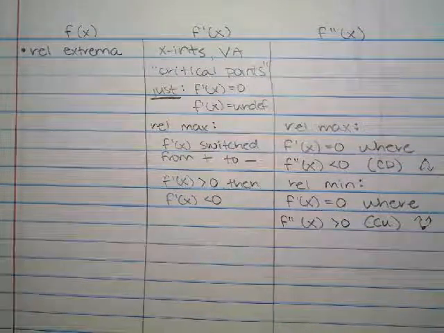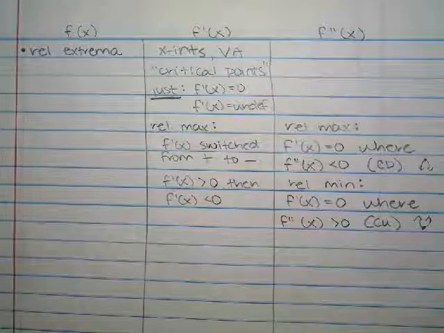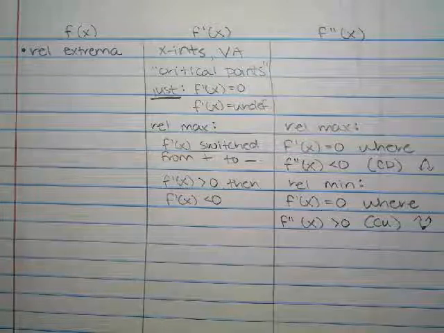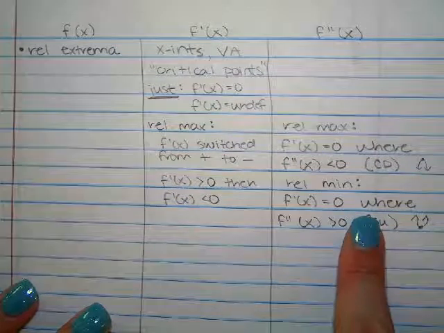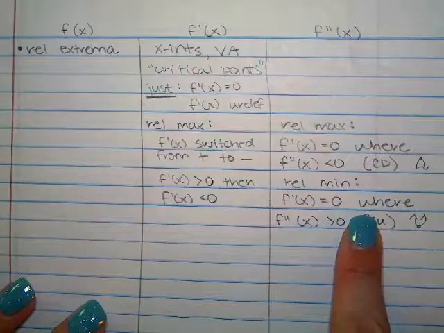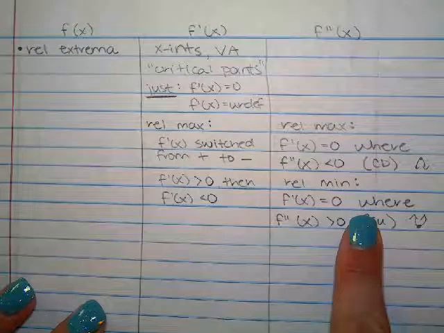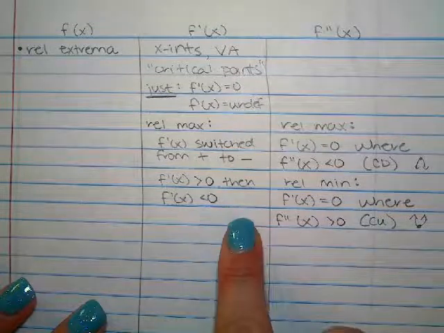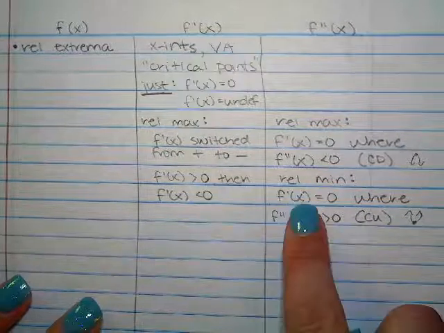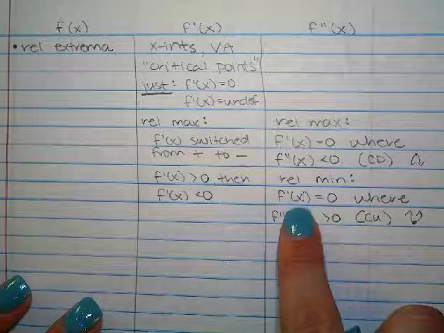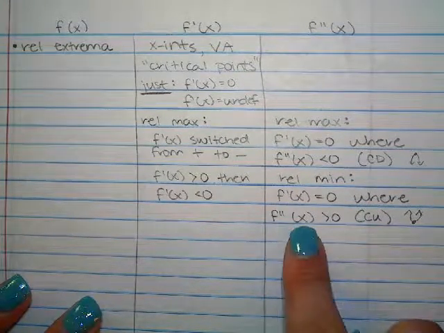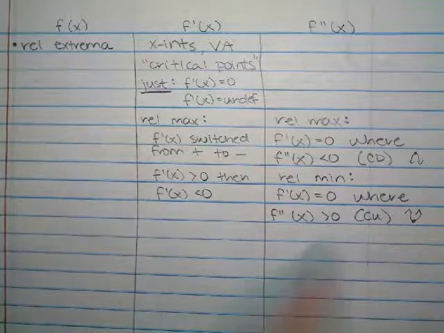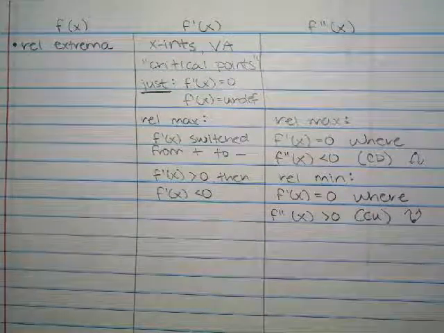So that's how you can find relative extrema. It's kind of the first derivative and the second derivative working together. Does that make sense? First derivative, second derivative working together. So it's where the critical point, f prime of x equals 0, it's where the second derivative is greater than 0, if the second derivative is positive. Does that make sense?